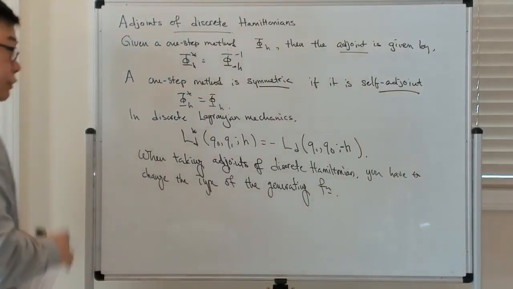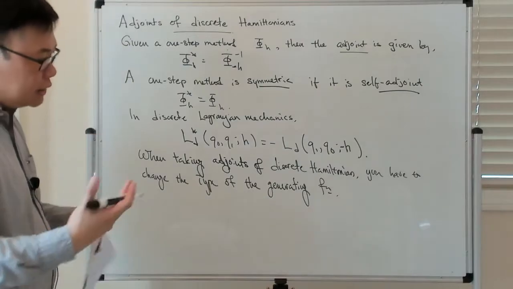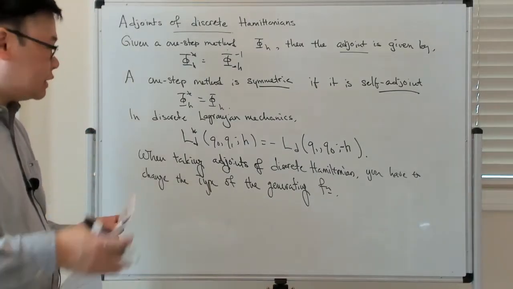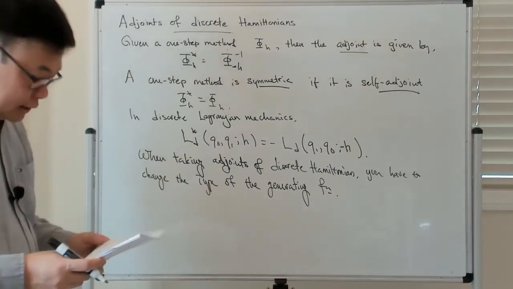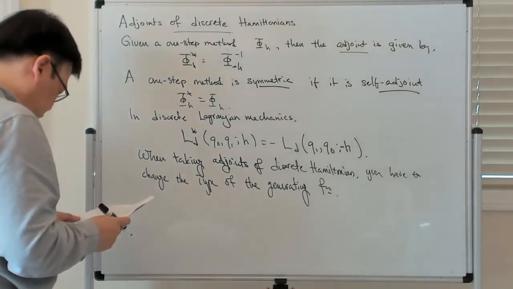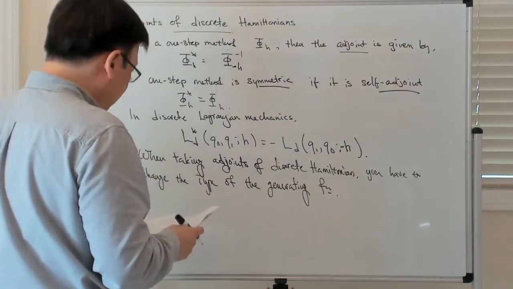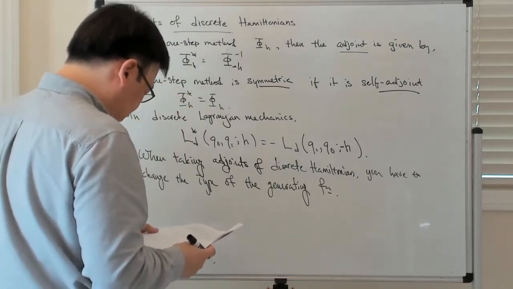And the next thing you have to think about is, if you change the type, what does it really mean to be self-adjoint? All right, so let me first define this notion of adjoint in terms of type 2 and type 3 generating functions.